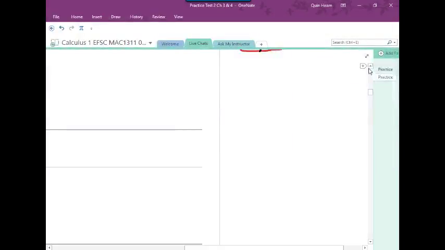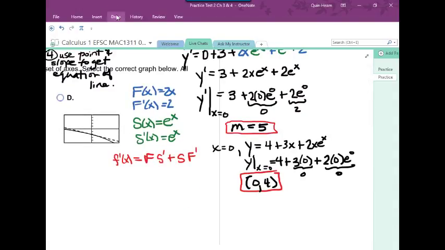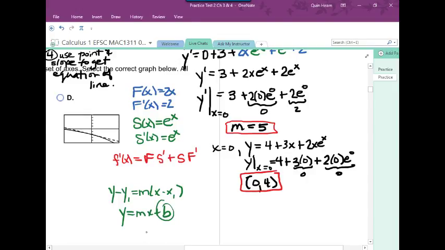For example, you might have learned to use the point slope form of the line, which looks like y minus y1 equals m times x minus x1, and you would plug in 0, 4, and 5, or you might have learned to plug into y equals mx plus b and solve for b if the y-intercept is not given to you. So depending on the problem that you're working, and depending on your background, you might choose to approach this in a different way.